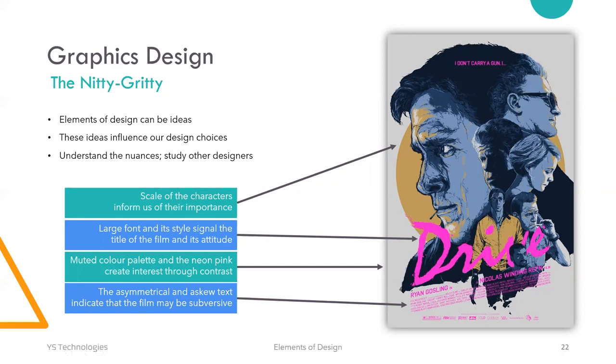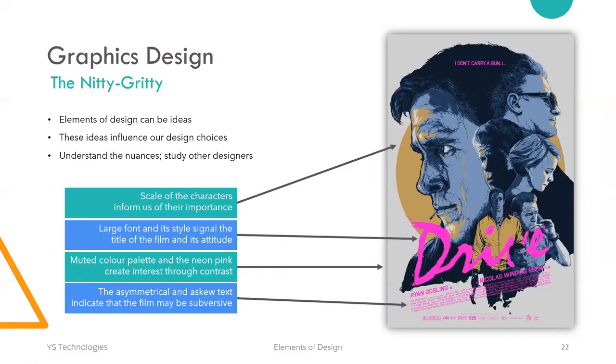Second, let's look at the title of the film. First, we know that it's the title because it's the largest font. And we also notice the choice of the font. It seems kind of casual. It's cursive. It has kind of attitude. It's not formal.